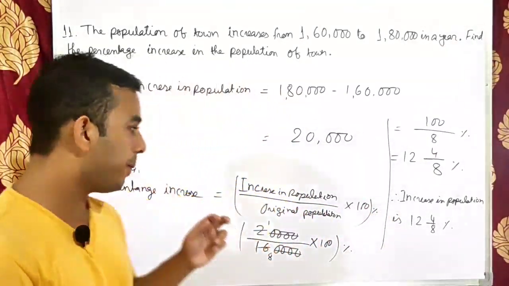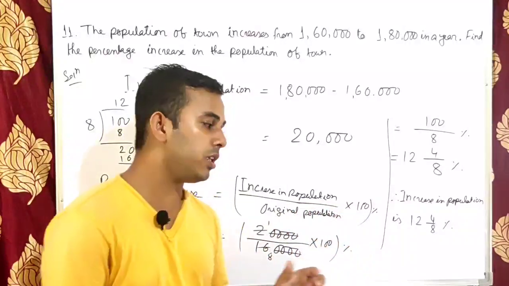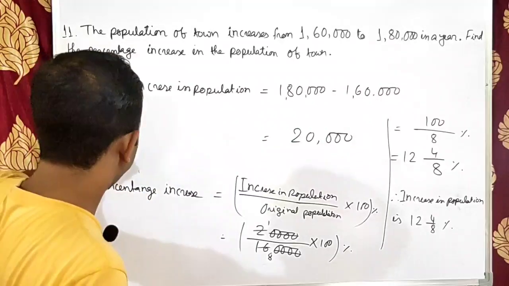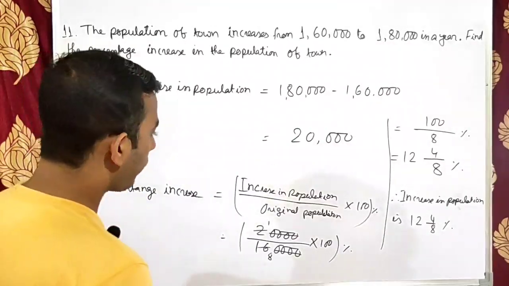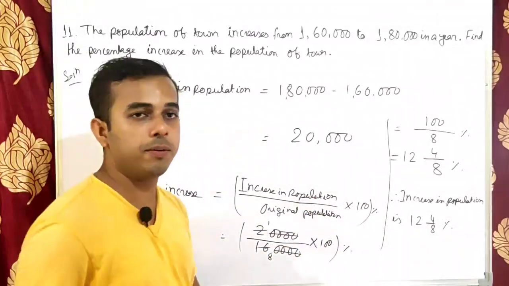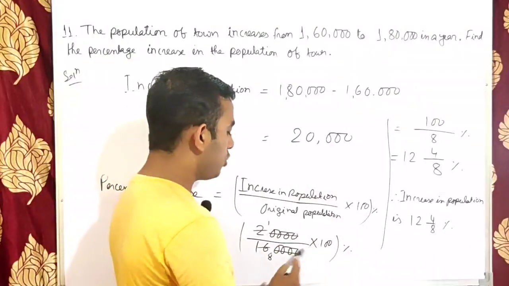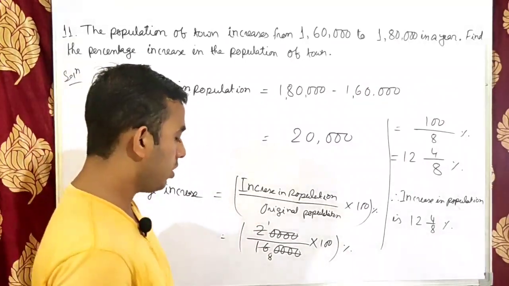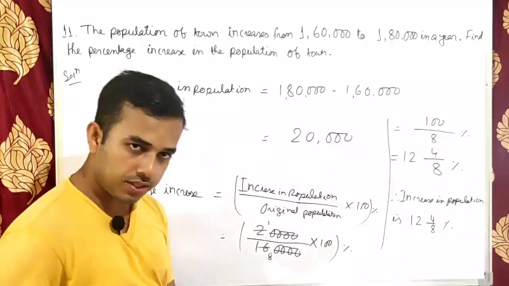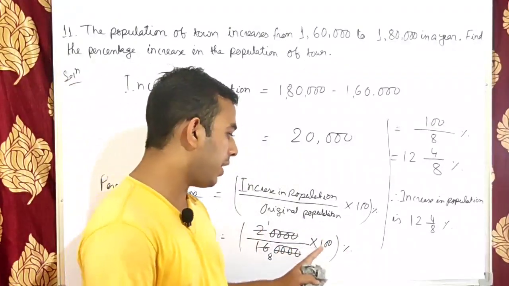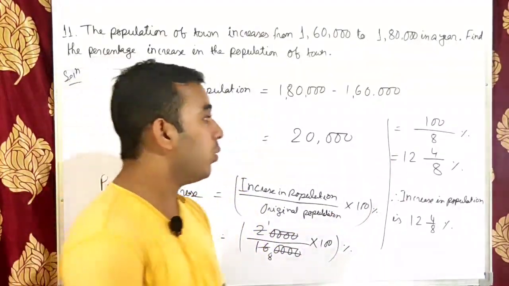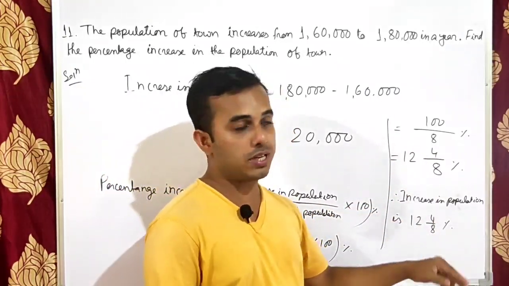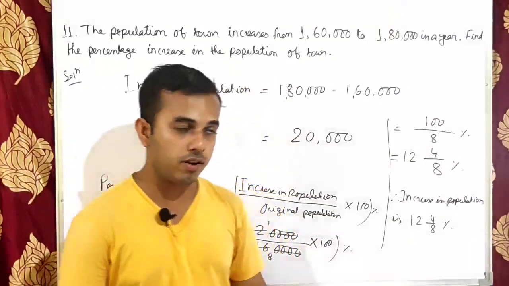We write percentage increase as increase in population divided by original population into 100 percent. Then the zeros got cancelled, 2 into 1 is 2, and 2 into 8 is 16. Then 1 into 100 is 100 divided by 8. Now we have converted this fraction into the mixed fraction: 12 into 8 is 96, and plus 4 it is 100 by 8.